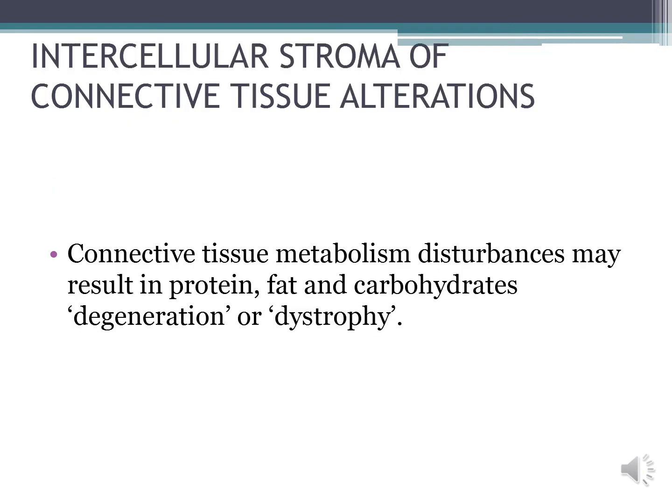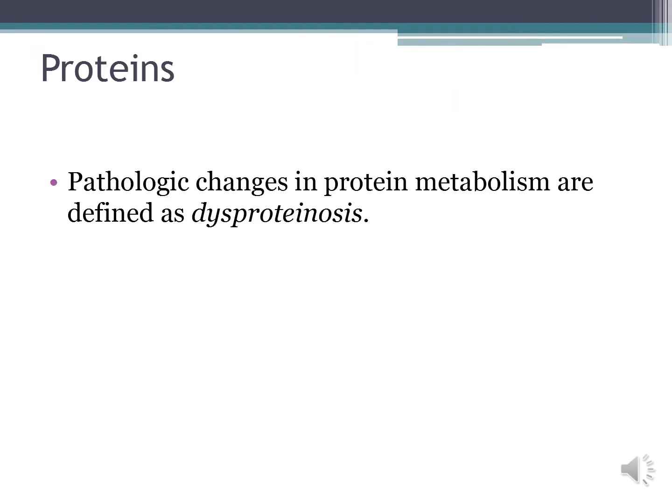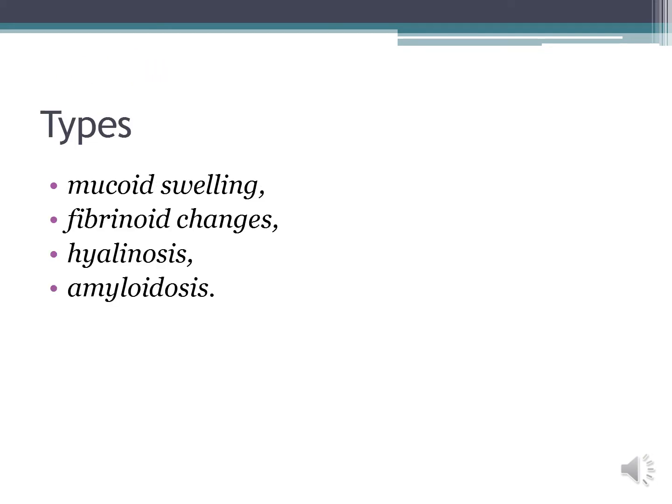Now we go to intracellular stroma or connective tissue alterations. Connective tissue metabolism disturbances may result in protein, fat, and carbohydrate degeneration or dystrophy. Let's start with proteins. Pathologic changes in protein metabolism are defined as dysproteinosis. There are various kinds of such dysproteinosis.